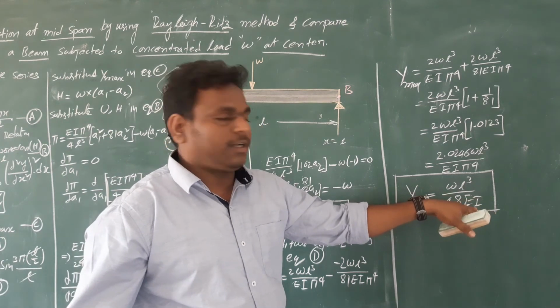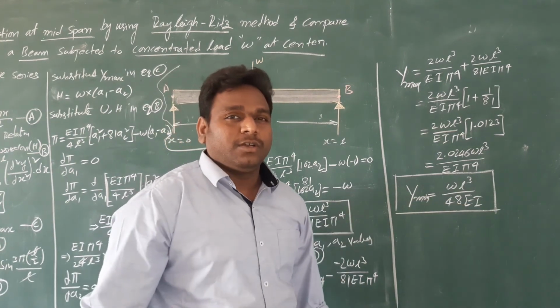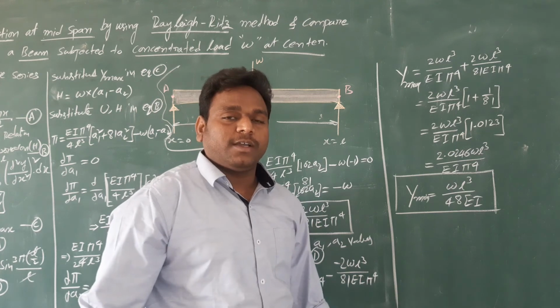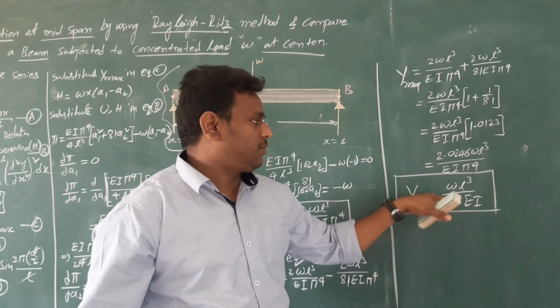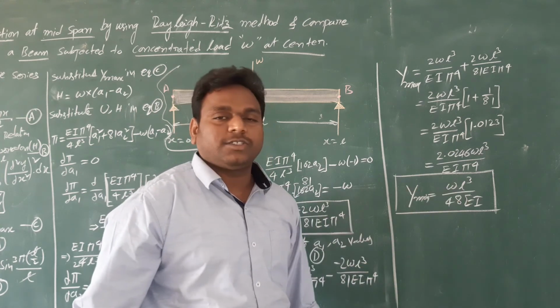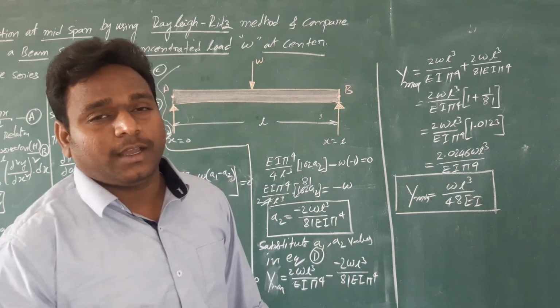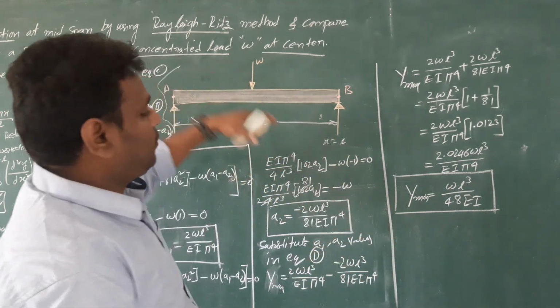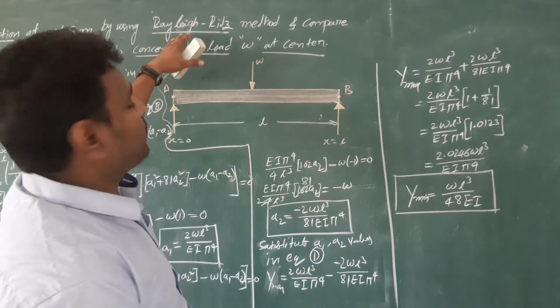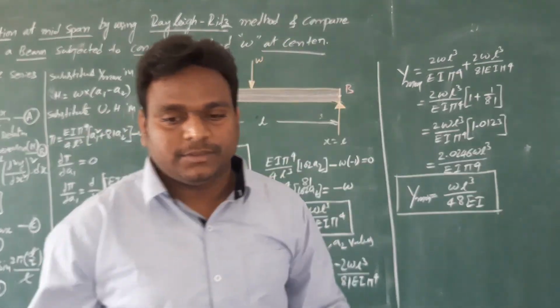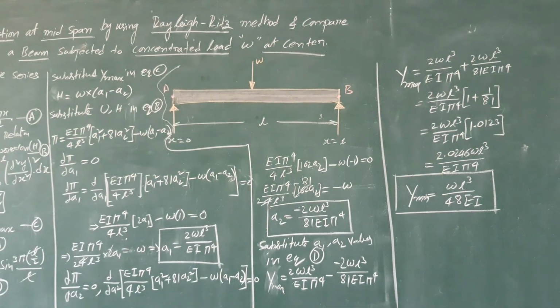So already I have told you, in our MOS we get Ymax equal to WL cube by 48 EI. Here also we get the same value by using the Rayleigh method. That's it. He is asking us to compare with the exact solution.